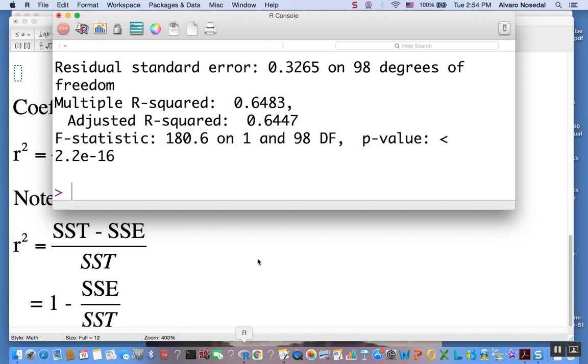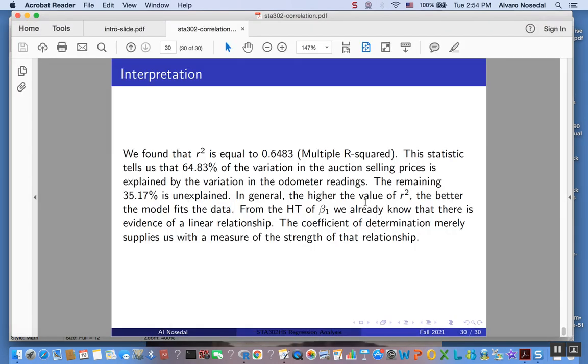Okay, so going back to our example, this is what we said: R squared is roughly 65%. That's the variation that we can explain using this simple linear regression model. The remainder, roughly 35%, is unexplained.